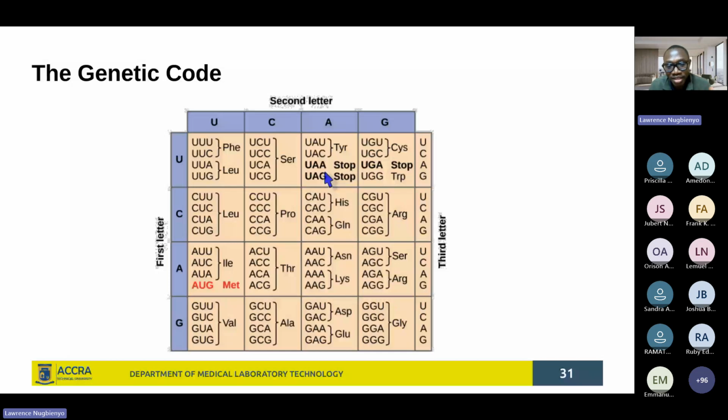And these ones should be easy to remember. They all start with uracil. So uracil, adenine, adenine, UAA is a stop codon. And these two, UAG and UGA, are also stop codons. The same bases in there, adenine and guanine, but if you change their positions, you either have UAG or UGA. So you have three stop codons and one start codon.